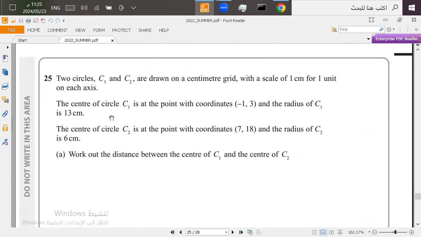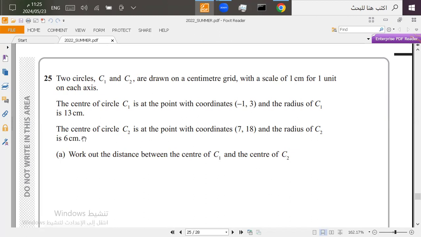The center of circle C1 is at the point with coordinates -1 and 3, and the radius of C1 is 13 centimeters. The center of circle C2 is at the point with coordinates 7 and 18, and the radius is 6 centimeters. Work out the distance between the center of C1 and the center of C2.